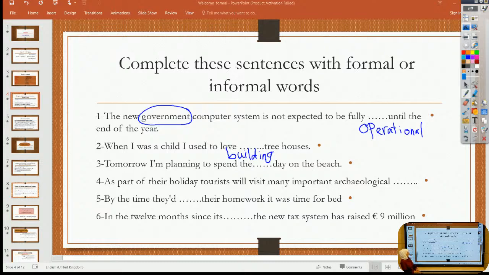Tomorrow, I'm planning to spend the whole day on the beach. As part of their holiday, tourists will visit many important archaeological. Notice here we have tourists. So I must here use formal words. As part of their holiday, tourists will visit many important archaeological sites.